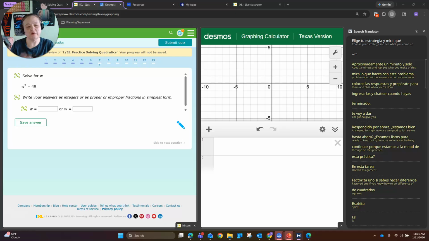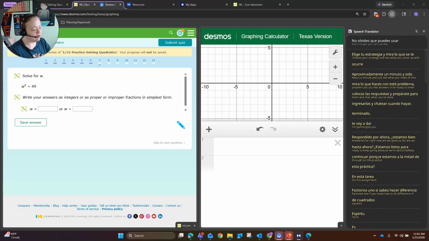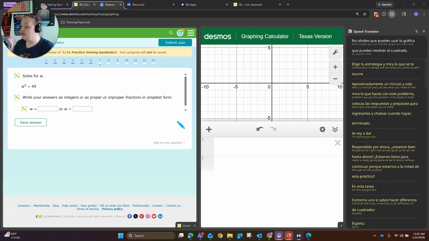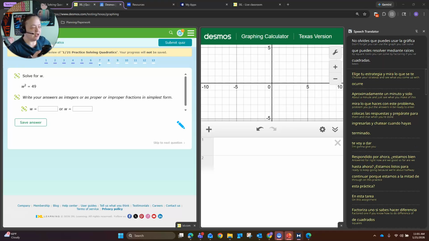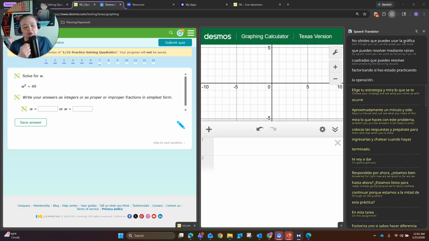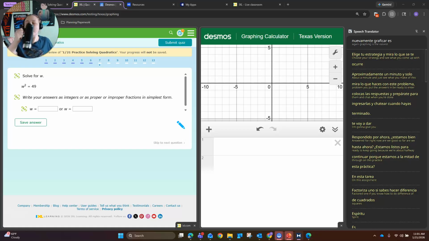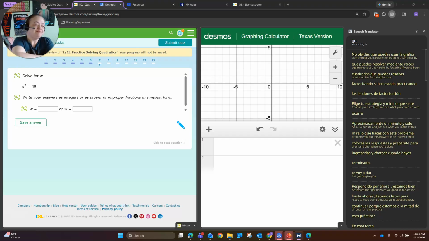Don't forget you can use the graph, you can solve by square roots, you can solve by factoring if you've been practicing the factoring lessons. Again, graphing is the easiest. Most of the time, this one I wouldn't use a graph for, personally.